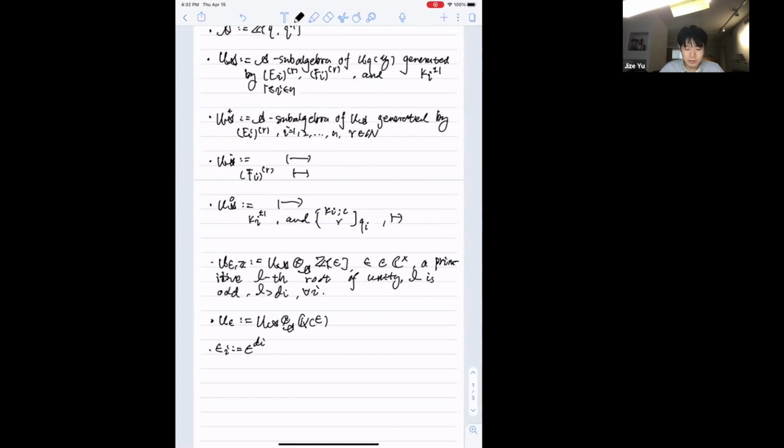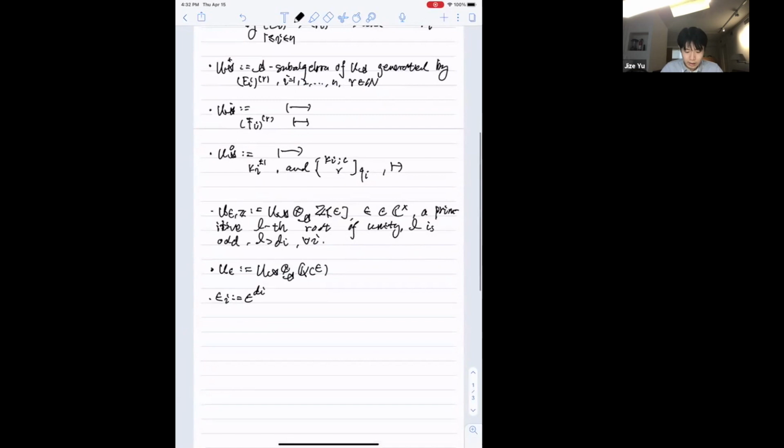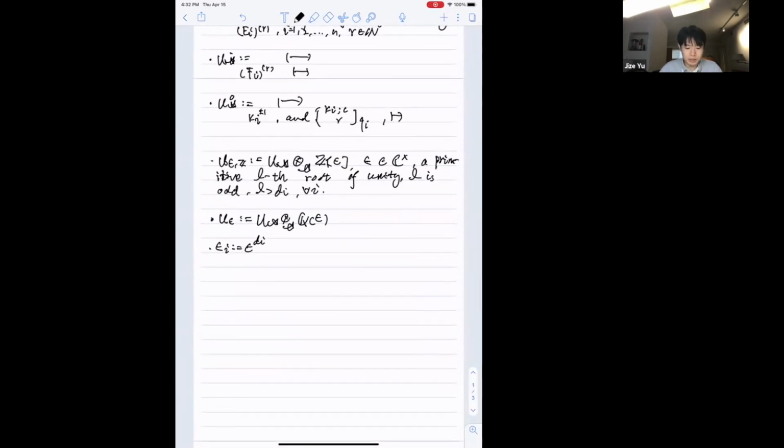Similarly, we define U_A^- and U_A^0 to be the corresponding A-subalgebras of U_A generated by divided powers of F_i, and also the K_i^(±1) and the binomials, specialized at q^r. We will use the notation U_epsilon^Z to denote U_A tensor with Z[epsilon] over A.